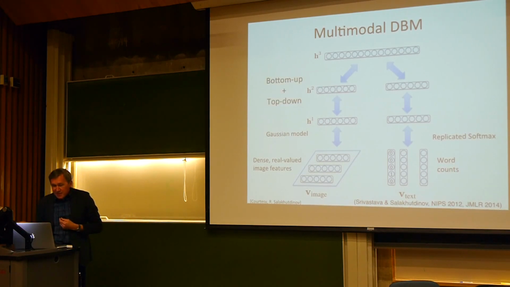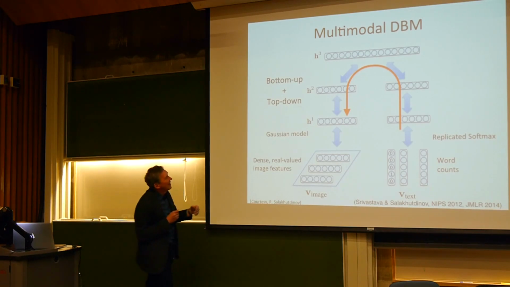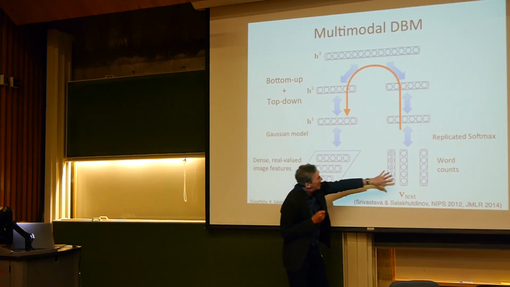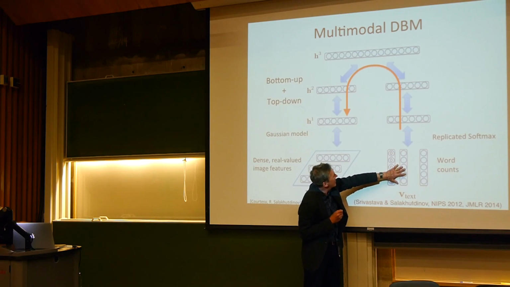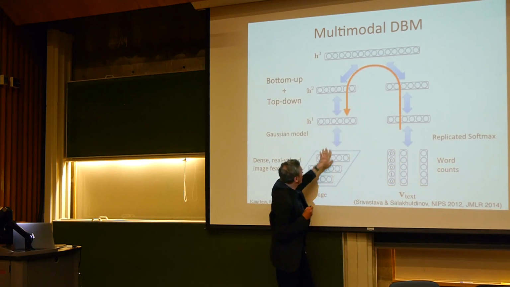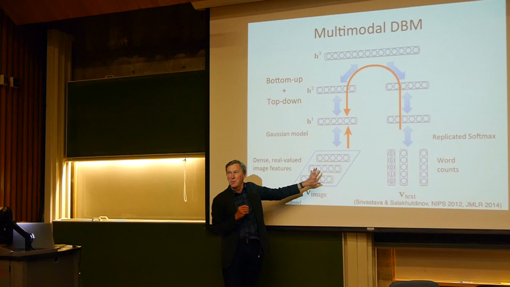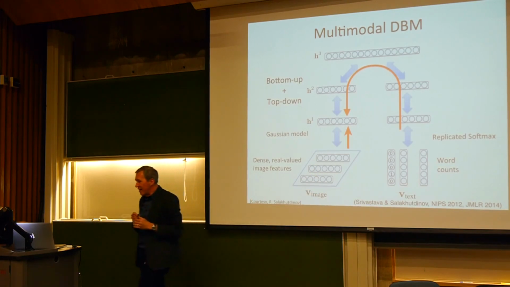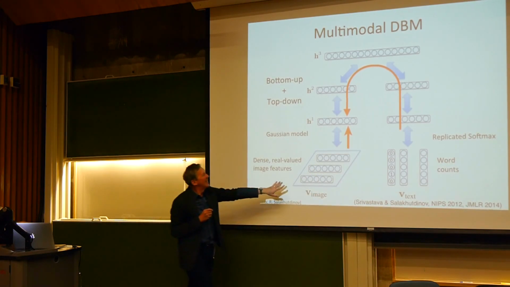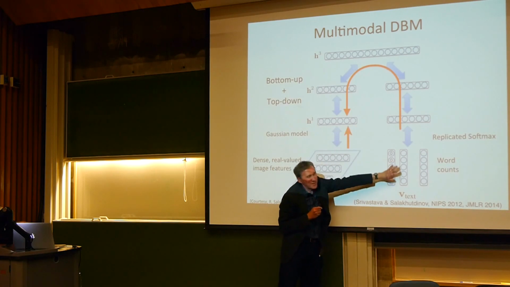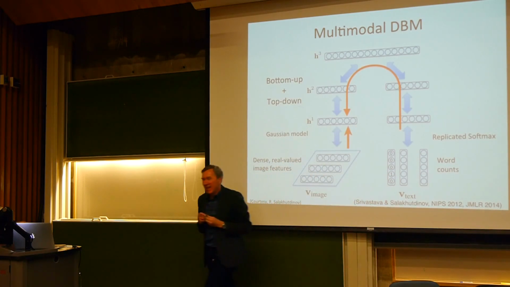And so people do this, and they train it in a way where, given an input here, you adjust all the weights to predict this output that goes with it. And similarly, given the input here, train it so that the weights predict the output here.